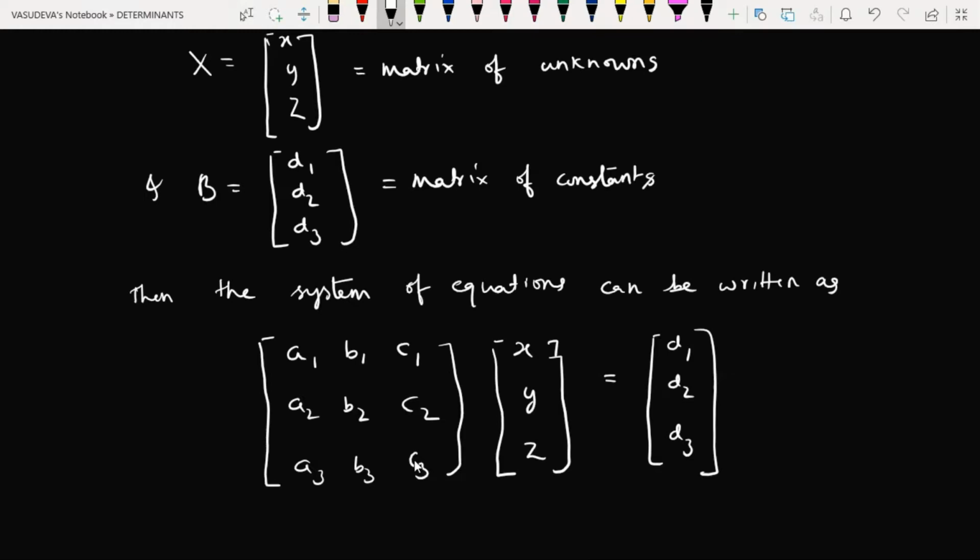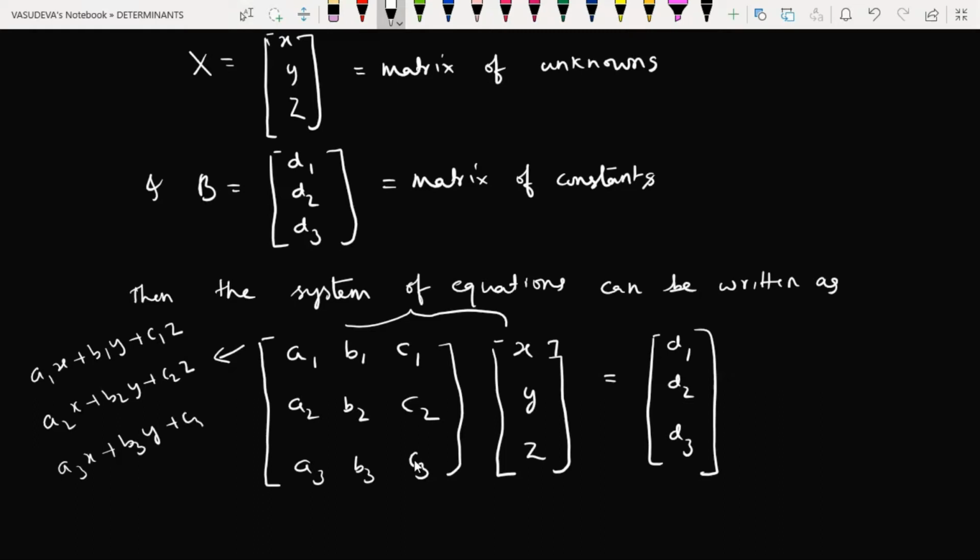So when you multiply these two matrices, we are multiplying rows with columns. We have the LHS of the matrix as a1x plus b1y plus c1z, first row and first column. The second row is a2x plus b2y plus c2z. Next, a3x plus b3y plus c3z.